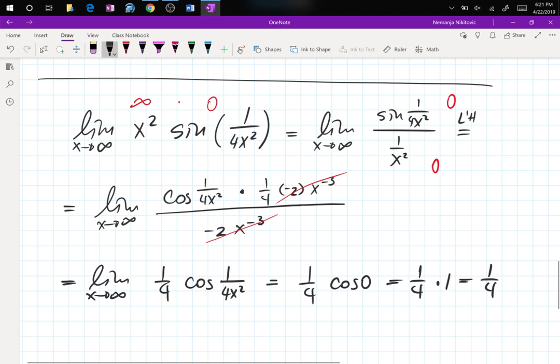If you have 0 times infinity, use f of x equals 1 over 1 over f of x. Great. We are moving along. What's next?